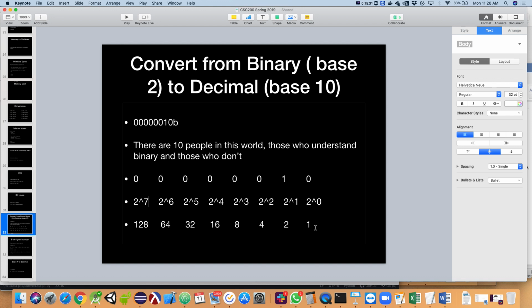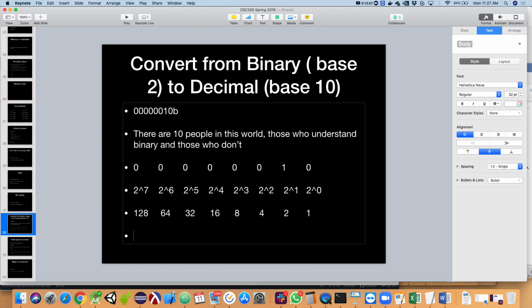Now notice that as I walk from right to left, I just keep multiplying by 2. If I was doing this for base 8, I would multiply by 8. If I was doing this for base 10, I would multiply by 10. The ones place, the tens place, the hundreds place, the thousands place. So this is the ones place, times 2 is the twos place, times 2 is the fours place, times 2 is the eights place, and so on. Then the way you ultimately convert this number is you multiply the place times the value at that place, and then sum them all up.